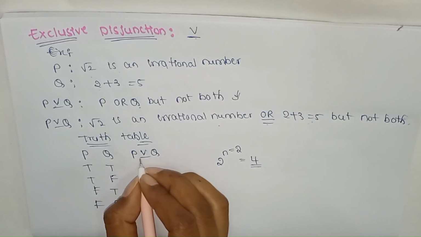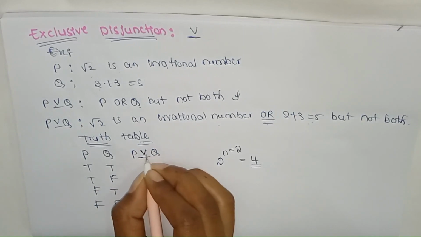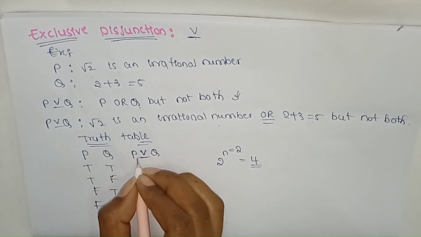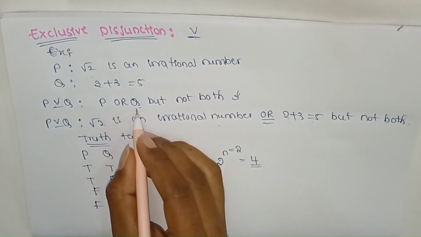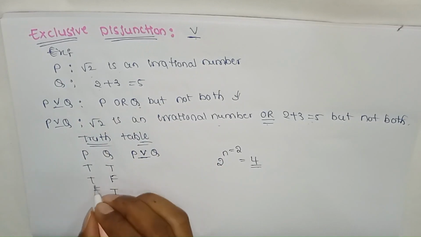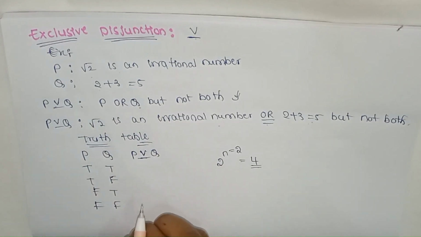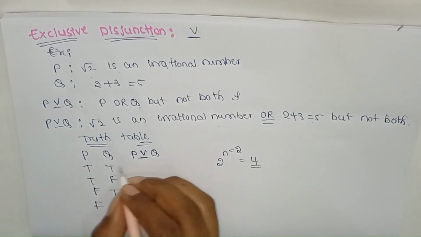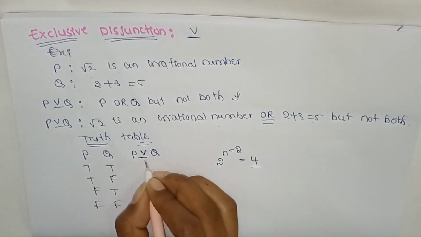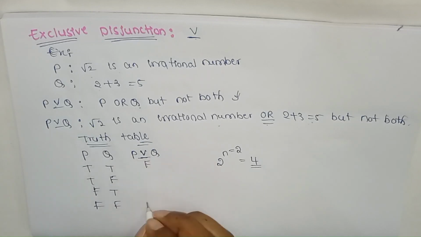Now let us apply the exclusive disjunction to these two statements. It means either P or Q: any one statement should be true, but not both true or both false. If both are true, then the exclusive disjunction becomes false.